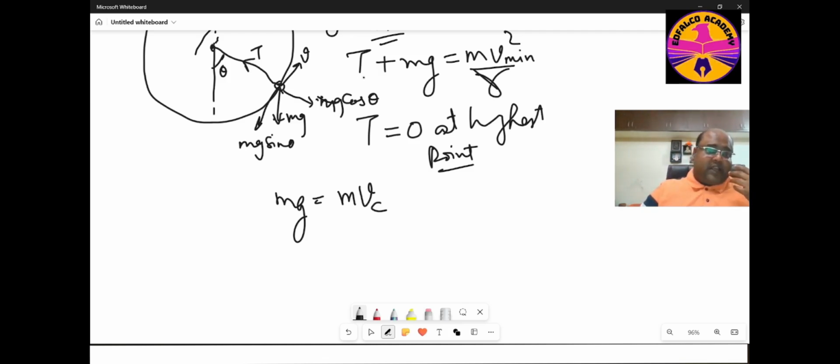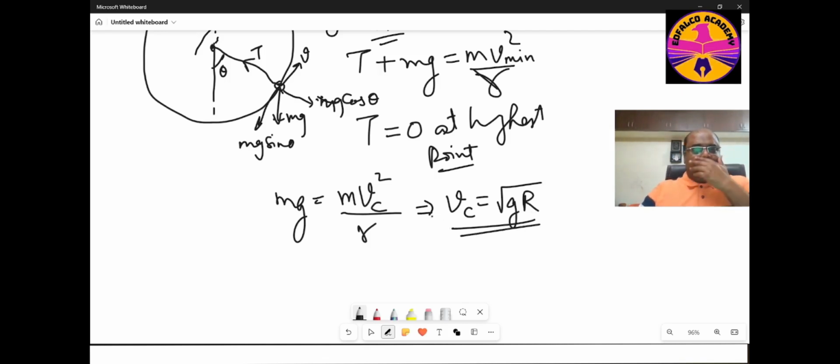But now I'm cancelling out that also, thinking that tension is not there in the limiting case. If the tension is not there, the body will just pass through and complete the circle. So mg equals m vc square by r. Therefore, you get that vc will become equal to root under gr.